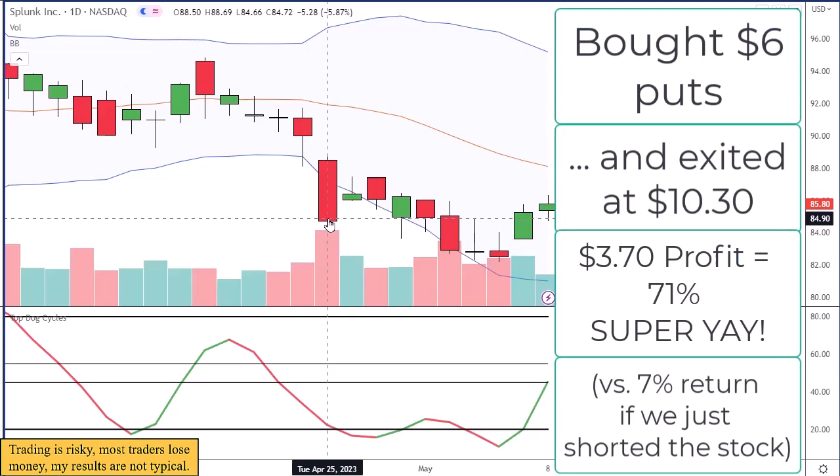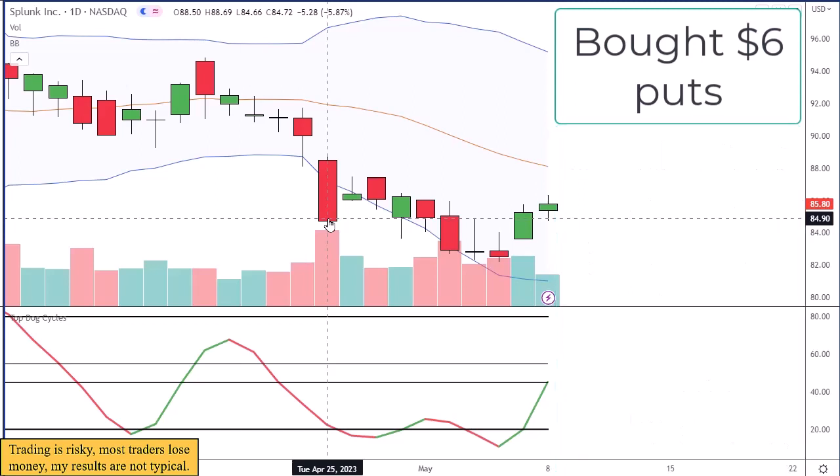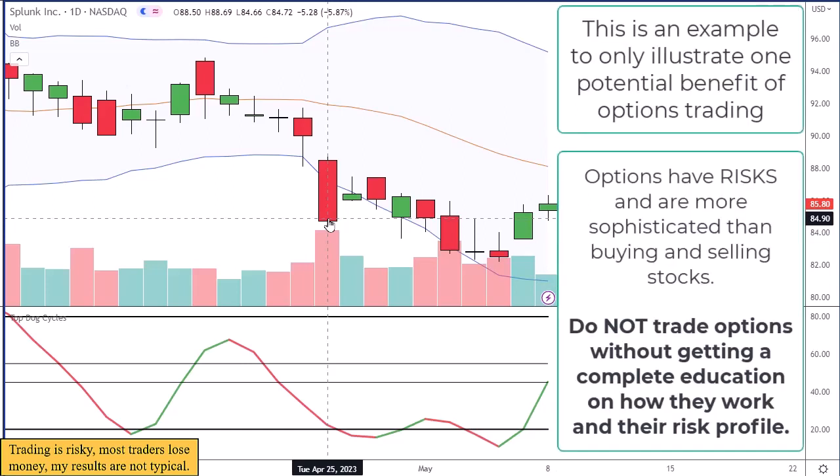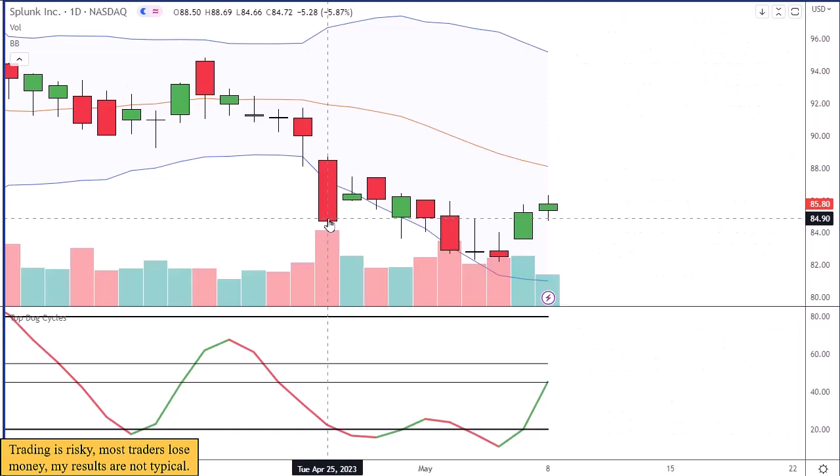There is a lot more to options, and that's why I said it's simple, but it's not easy. So in fact, I'll offer you a free course, because I don't want anyone to get hurt doing this. Do not trade options until you become fully educated in them. They're a more sophisticated financial vehicle for sure. There are certain risks inherent in trading options, but the benefits are worth the education.